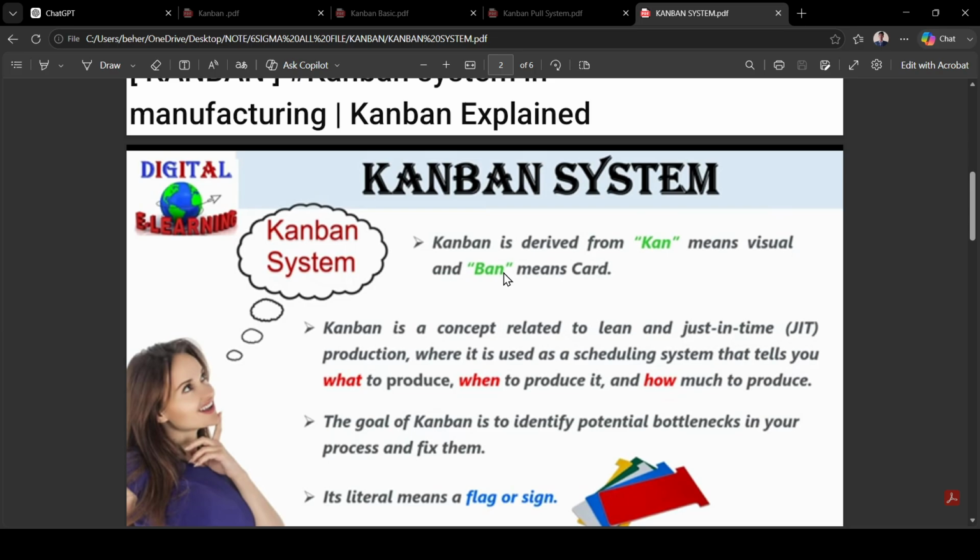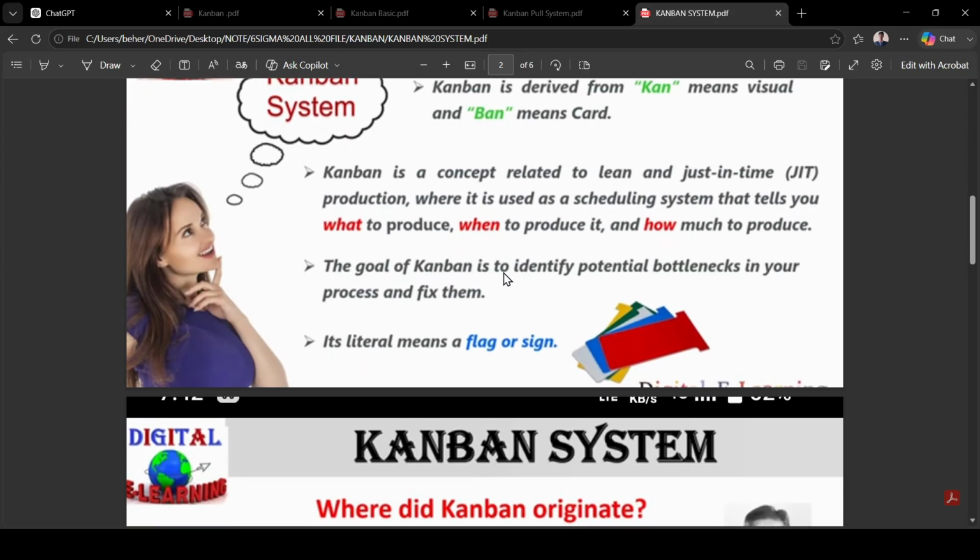Kanban is a concept related to lean and just-in-time production, where it is used as a scheduling system that tells you what to produce, when to produce it, and how much to produce. The goal of Kanban is to identify potential bottlenecks in your process and fix them. It literally means a flag or sign.